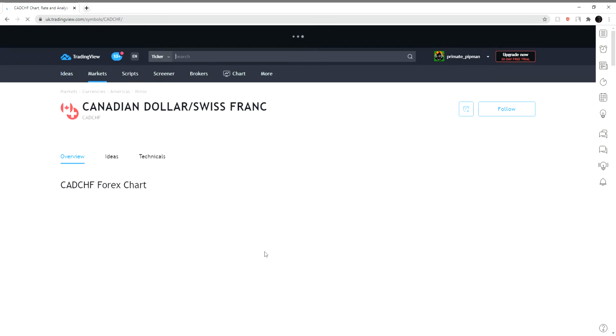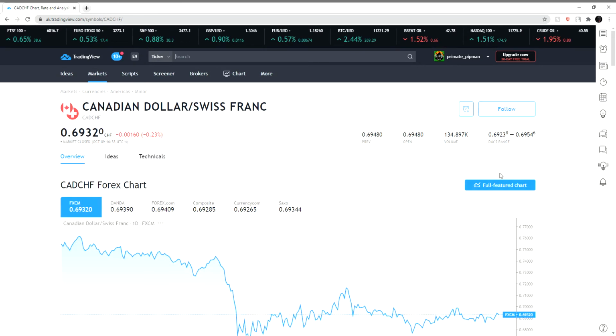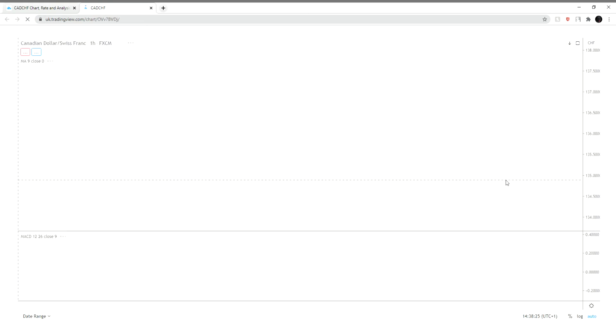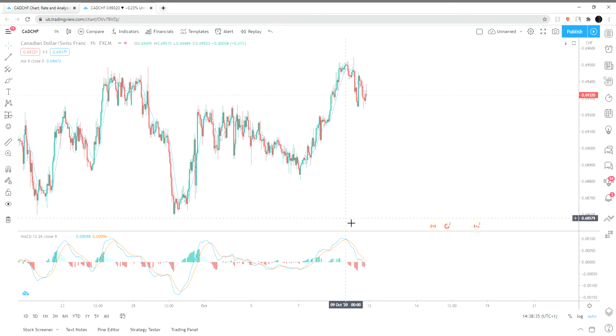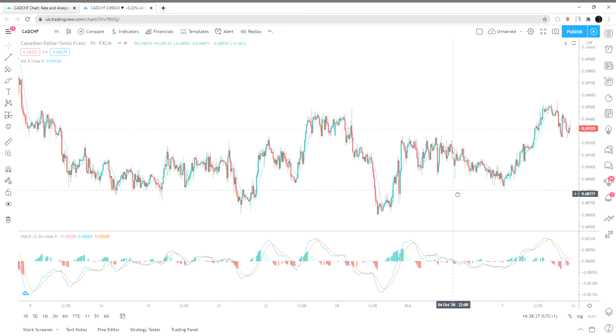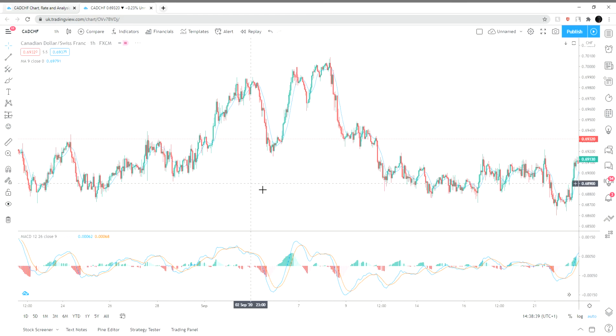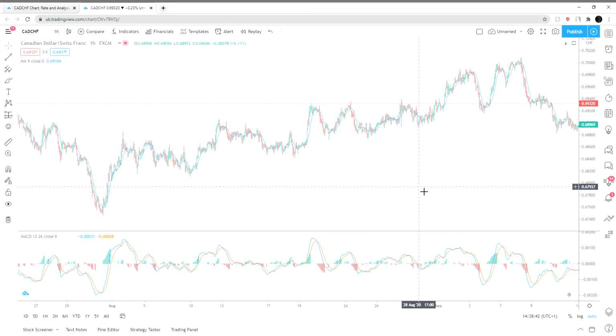So I've jumped into this pair. I've never traded this pair before either. Like I said, with these demonstrations I'm trying to jump into pairs that I've never really used before. So, Canadian dollar, Swiss franc. Okay, so we're gonna be trying to find trends, and we're gonna be trying to draw a couple of trend lines.